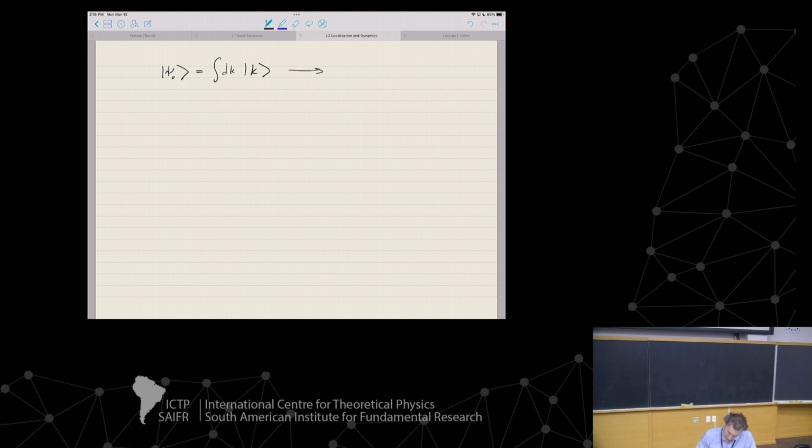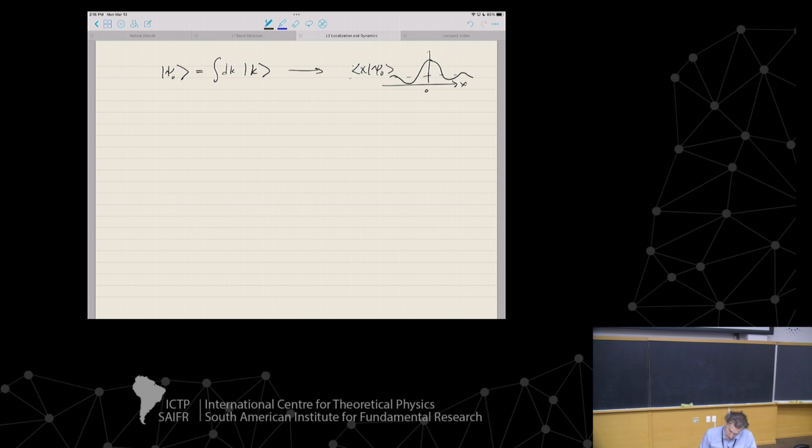And that gave me this sinc localized at x equals 0. So some kind of oscillatory wave function.